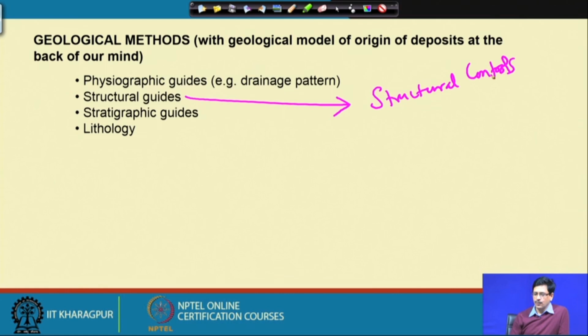So, these structures could be regional scale structures or could be local scale structures, and in many of the cases we find that an area has been affected by multiple phases of deformation, and each stage of deformation has acted till the time of the formation of the ore body, and sometimes we can clearly identify any particular phase of deformation which has been actually responsible in localizing the ore body. So, it is very essential to work out the structural features.